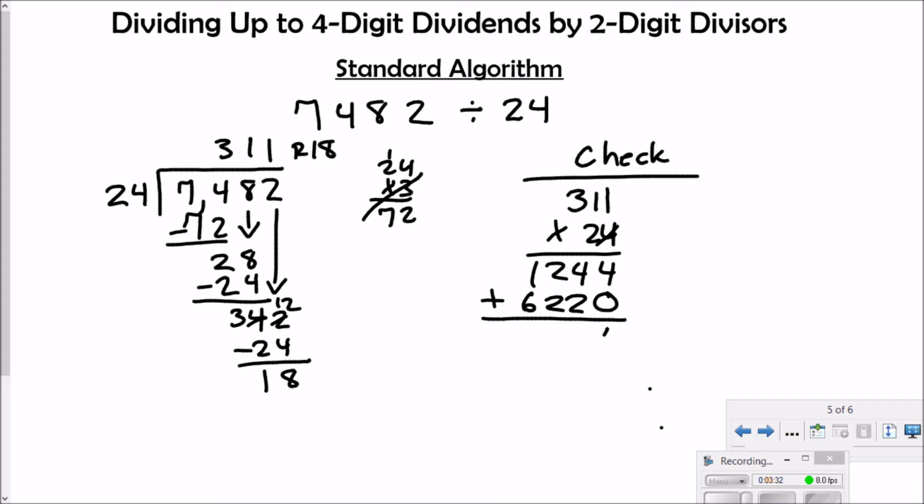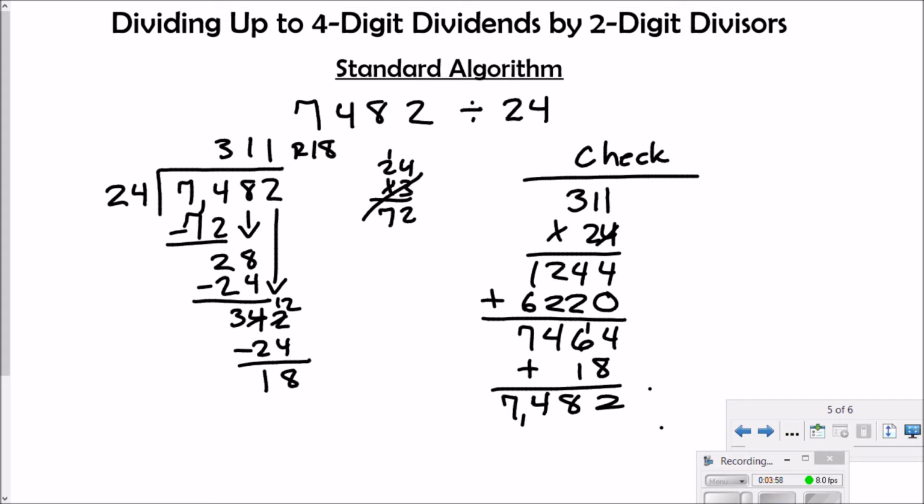Add up those partial products, we get 7,464. That doesn't match our dividend, but you have to remember to add your remainder. So I'm going to add 18 to 7,464, and we get 7,482. So our product in our checking matches the dividend in the problem that we were given.